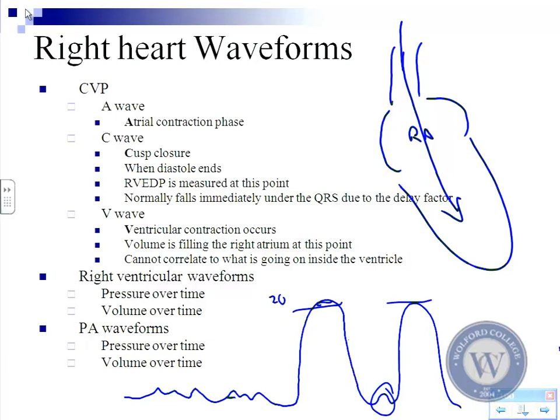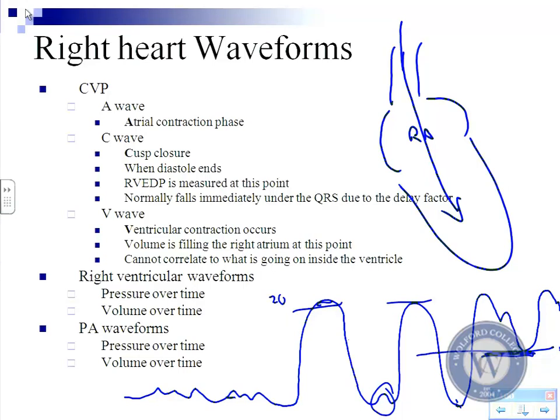The reason is that the pulmonic valve closes at a certain pressure. So the change happens rapidly, you get a dicrotic notch, and then you'll see it stay like this. The step up is due to the valve and the elastic component of the pulmonic vessel, which keeps the diastolic pressure from going to zero.